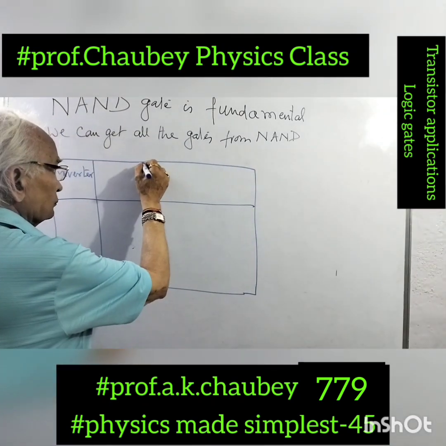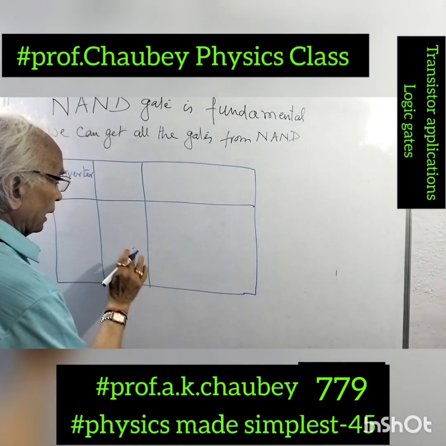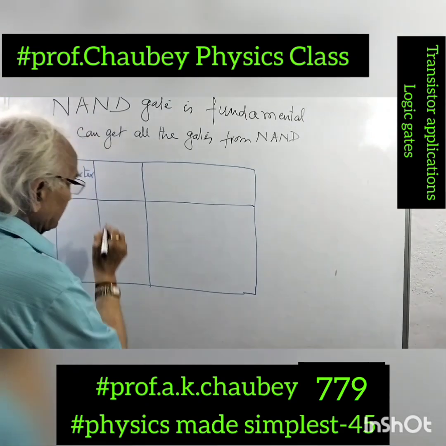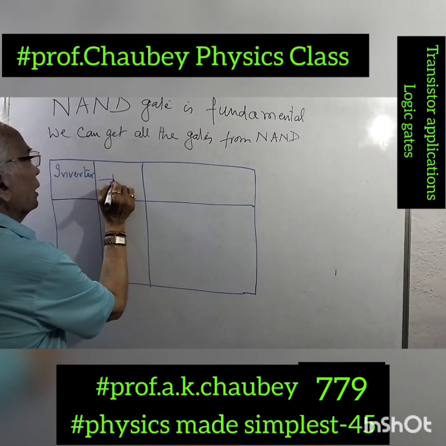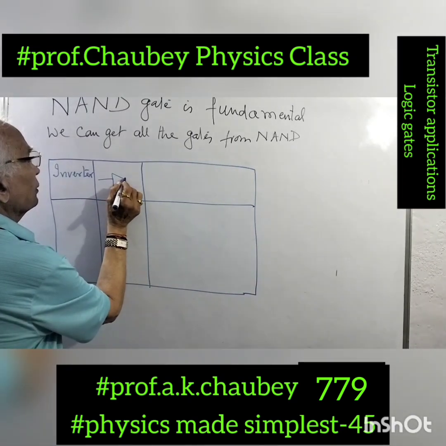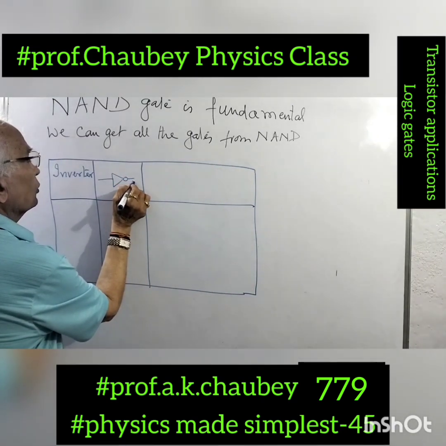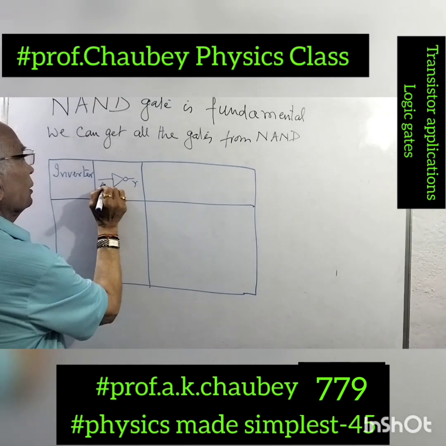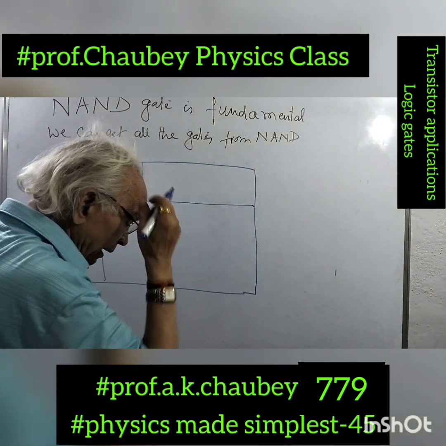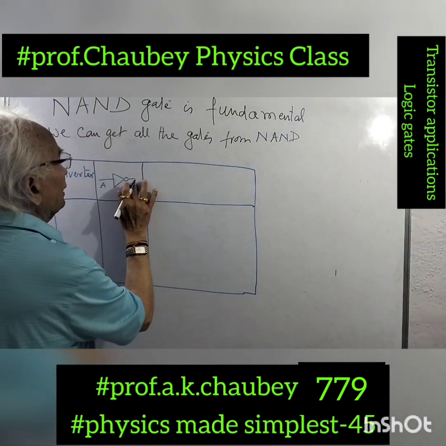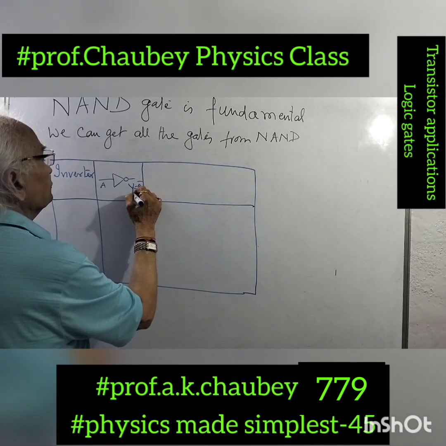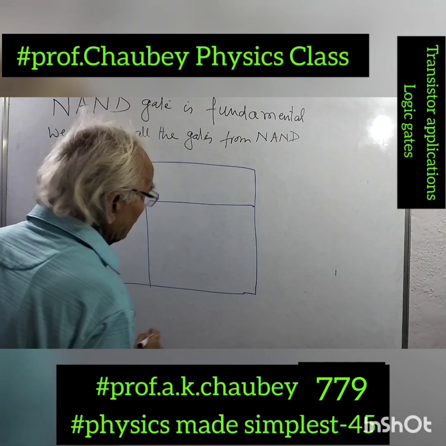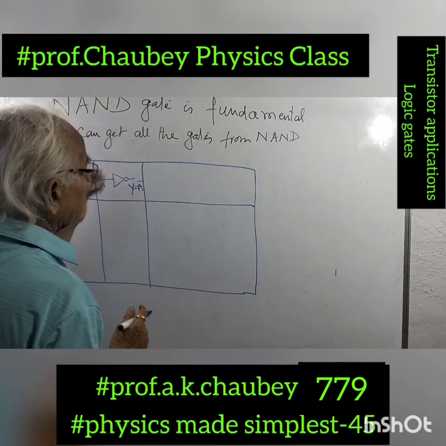Here I represent this as the NOT gate, means I have one input and this is the representation. Here is the output Y and this is A. So this is the inverter. And inverter means Y is A inverse.